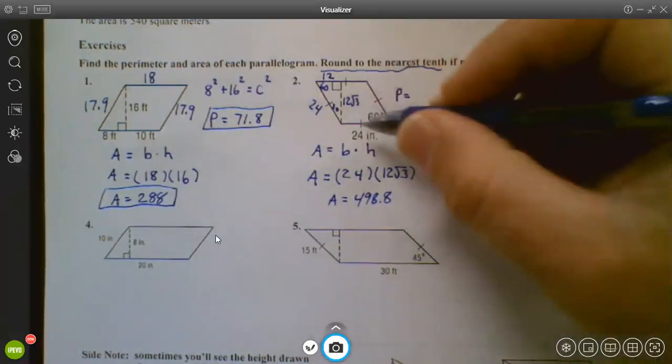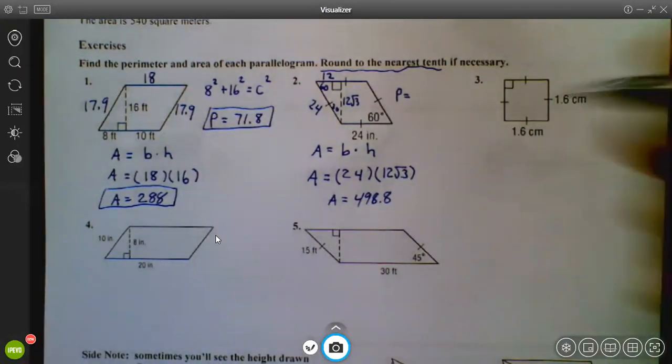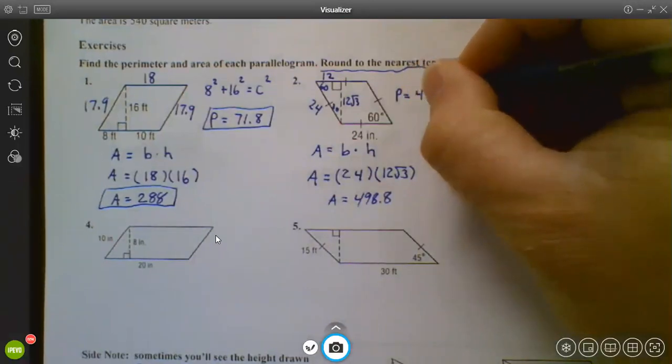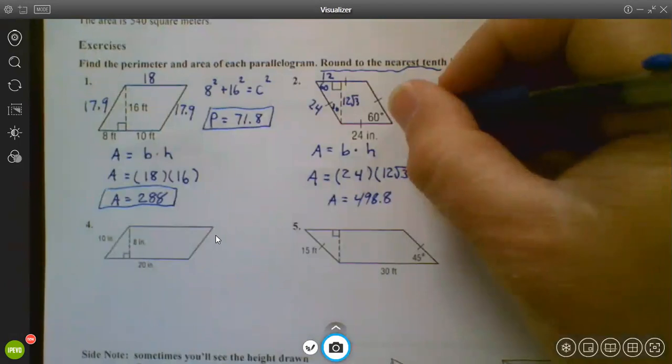If all 4 sides are the same, like when you have a square, the best way to look at perimeter is simply 4 times your side length. That's the best way to see perimeter when all 4 sides are equal. $96, I believe.